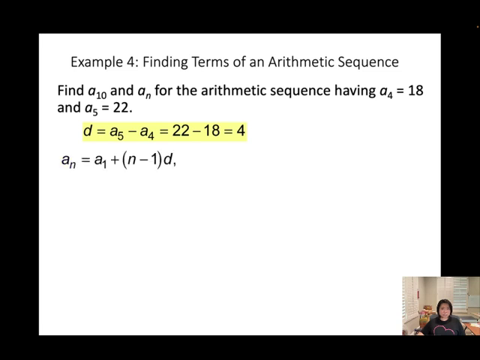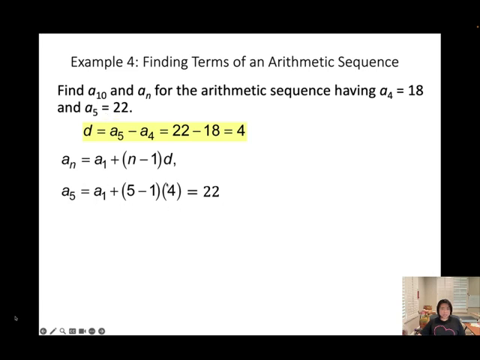And then we have the general term here. We already know A5 will be equal to 22, so let's plug in n equal to 5 here. And this is given, A5 equal to 22 here.